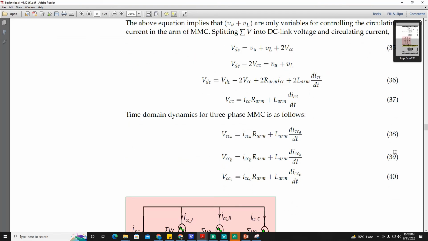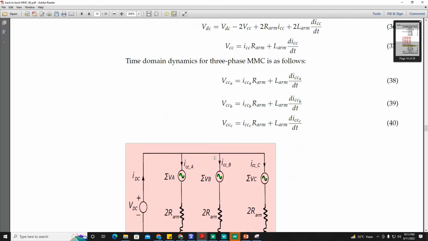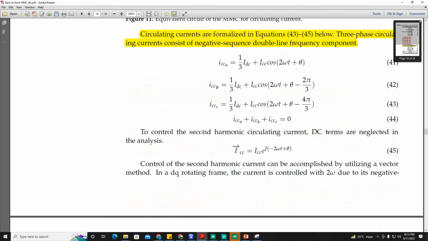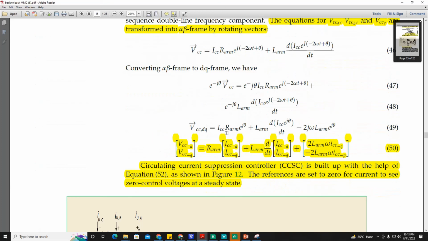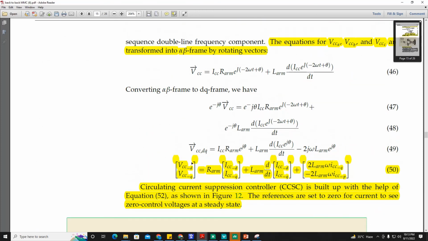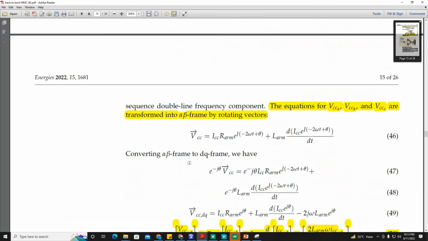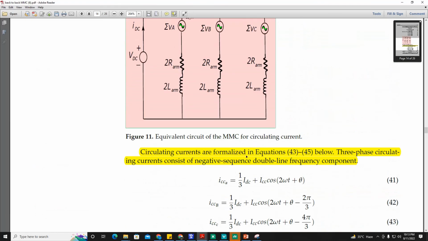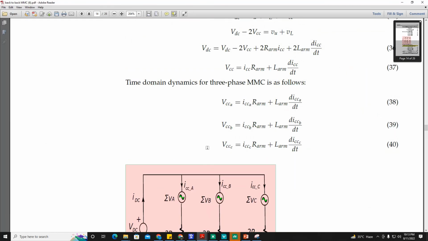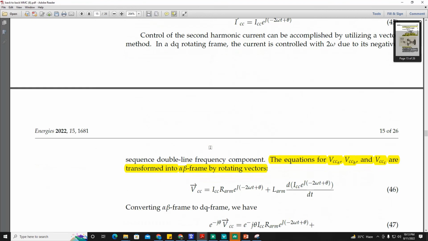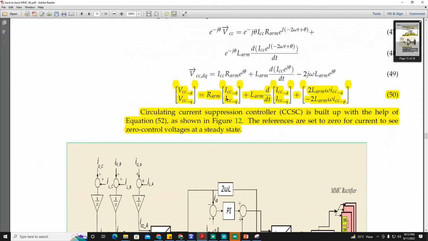And if you convert equations 38, 39 and 40 into DQ transformation, you will get equation 50. We write it in D and Q components.